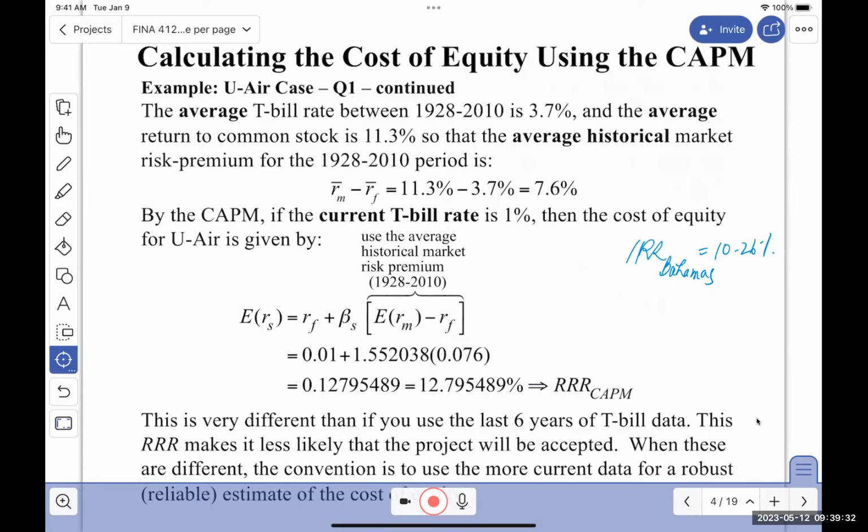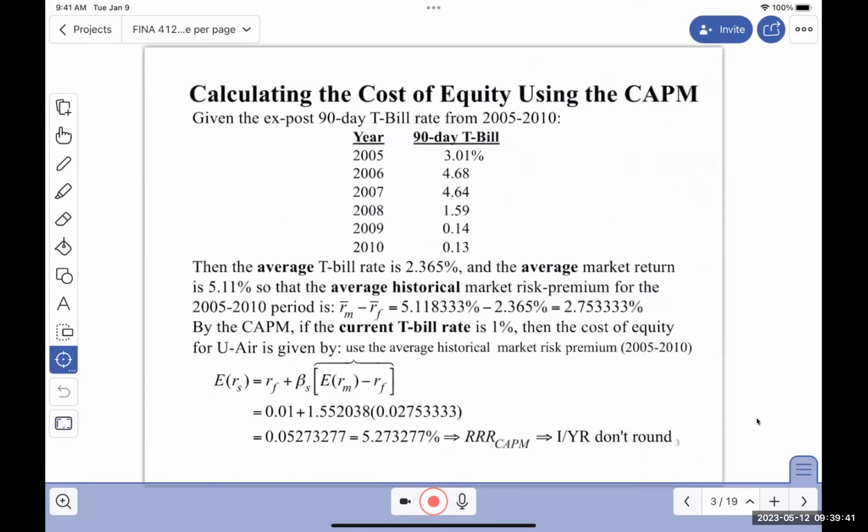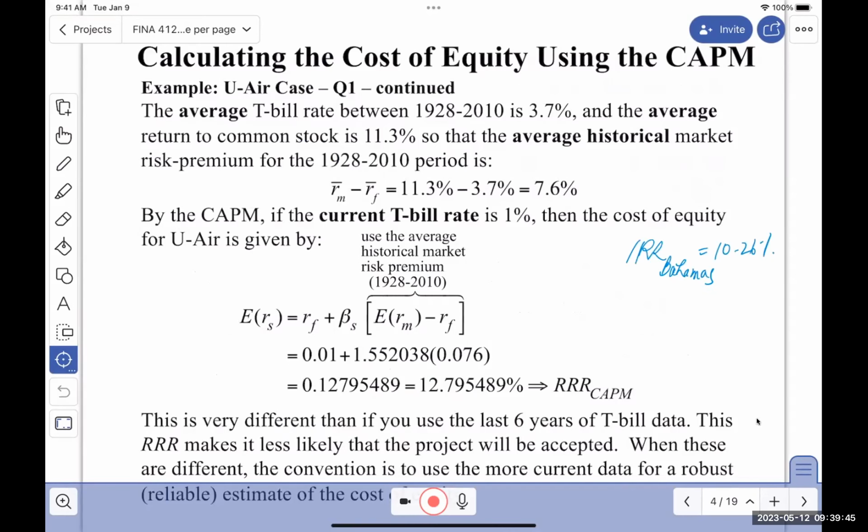Which one do I choose? Which estimate do I choose? This one with 12 or this one with 5? Those are your options. Well, I will choose the cost of equity. They're both cost of equity.